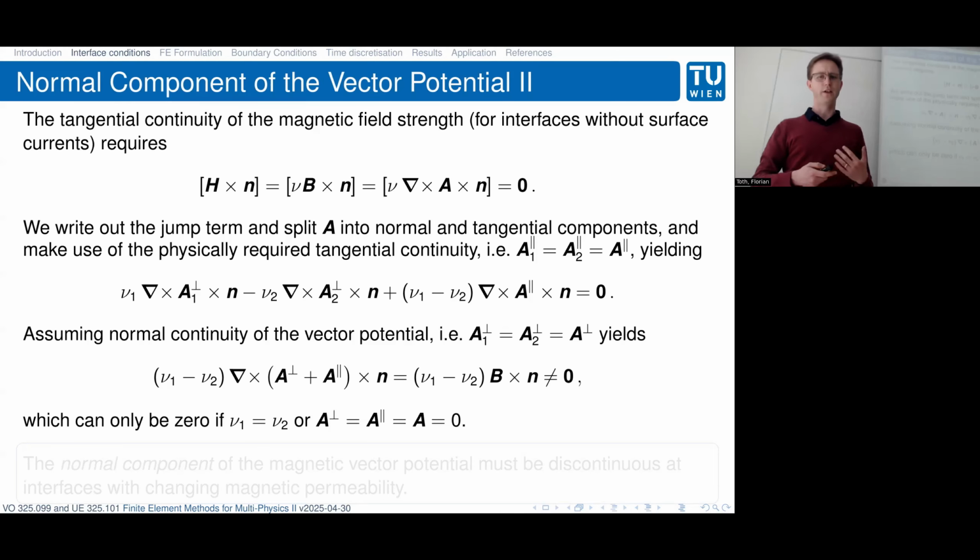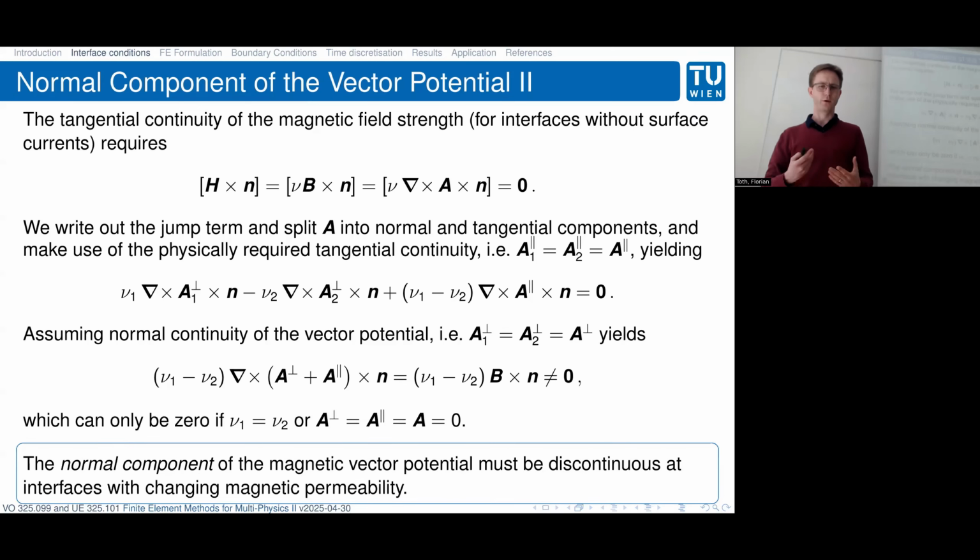So our original assumption requiring tangential continuity of the vector potential will violate the physical continuity condition on the tangential component of the H field. So to conclude this, the normal component of the magnetic vector potential must be discontinuous at the interfaces with changing magnetic permeability.